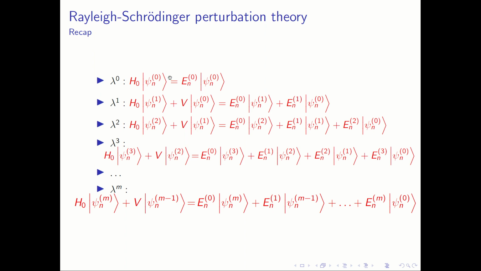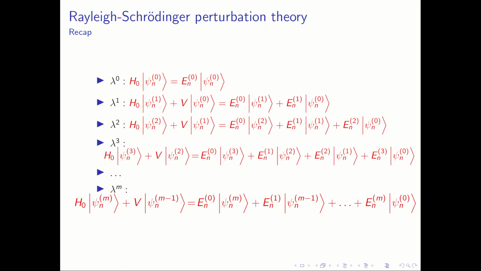So, we get H0 psi n0 equal to En0 psi n0. Lambda 1, from picking up terms which have lambda to the power 1 on both sides, we get H0 psi n1 plus V psi n0 equal to En0 psi n1 plus En1 psi n0, and so on, and we can write down the general term which we get by comparing coefficients of lambda to the m on both sides.